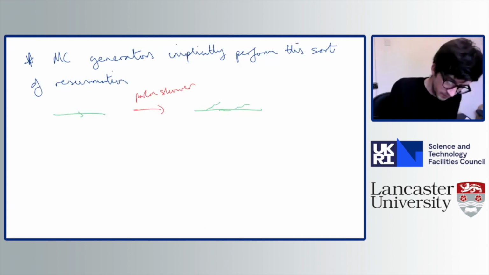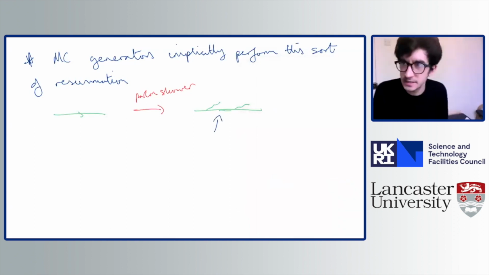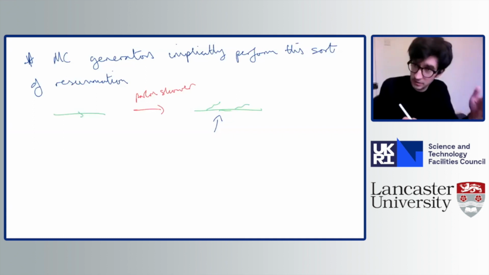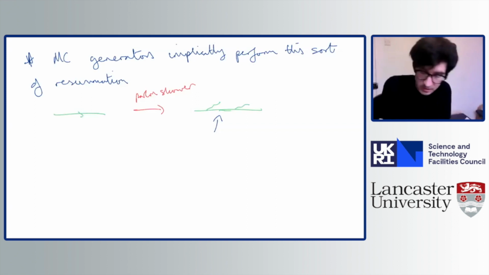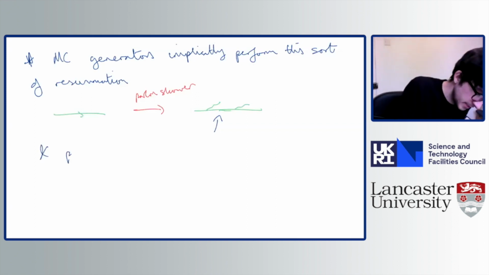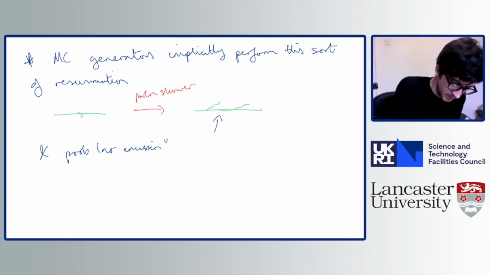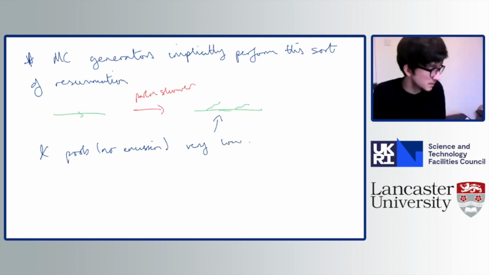And therefore, if one then took that event afterwards and calculated the jet fraction as a function of tau, you'd automatically see it going to zero as tau goes to zero, because there'd always be this extra radiation generated by the parton shower. And so in that sense, it does the same thing as the resummation. So the probability of no emission is very low. As always, I'm simplifying things to some extent, but that's the idea.